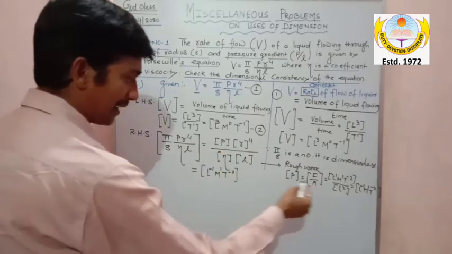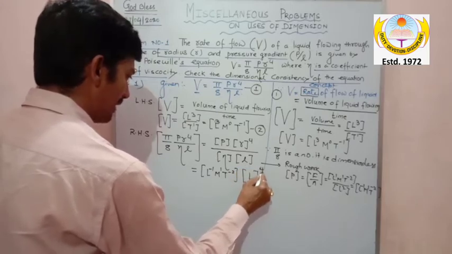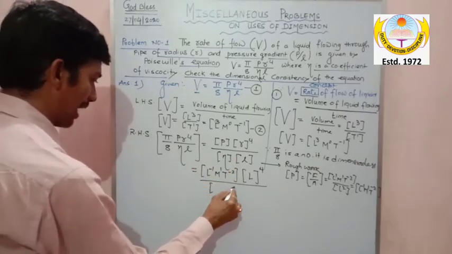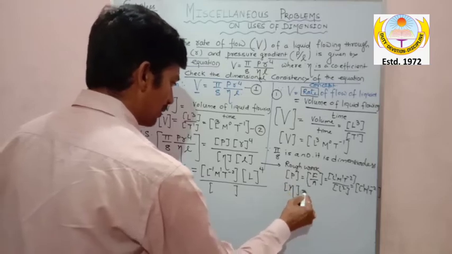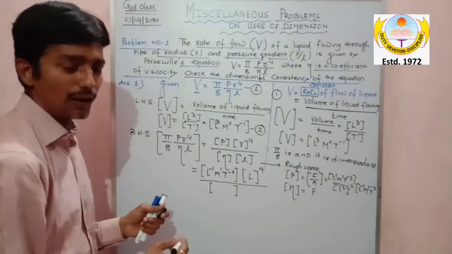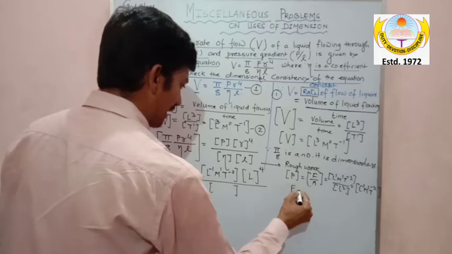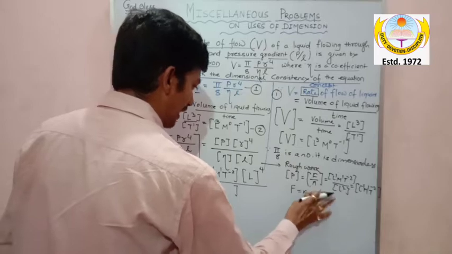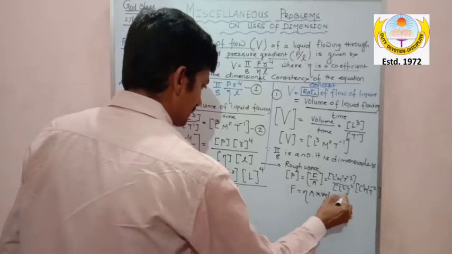There is no need to do this in the rough work; everybody knows what R power 4 is: L power 4. Here it is divided by eta, so I require the dimension of eta in the rough work. You all know the formula of eta: F is equal to eta A into the velocity gradient, dV.